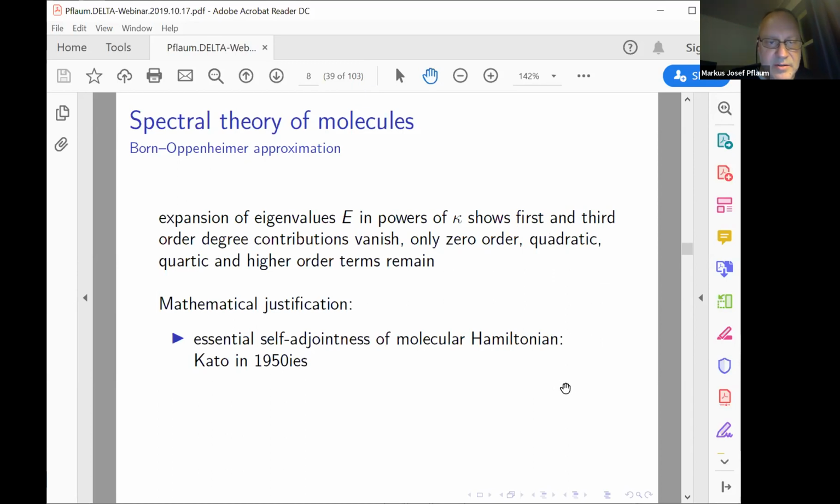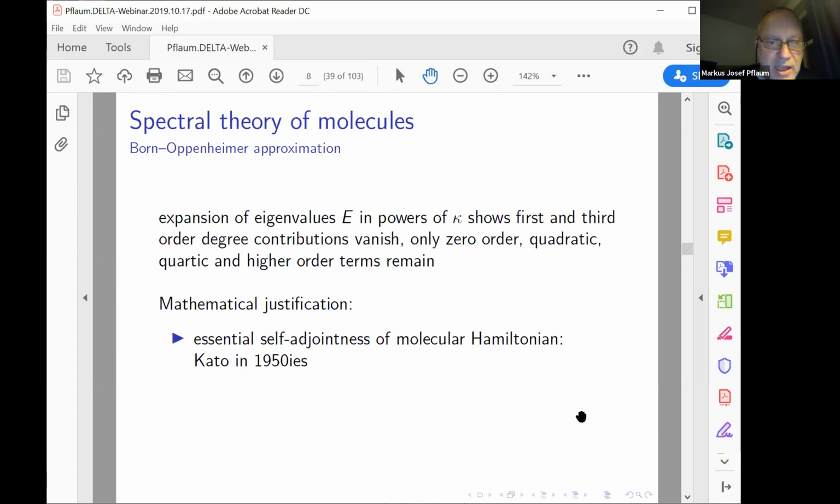Some history. Born-Oppenheimer was a fantastic work, but for a long time it wasn't clear what mathematically was behind it. The first thing you need is that the molecular Hamiltonian is self-adjoint in the sense of mathematicians, which was proved by Kato in the 1950s.